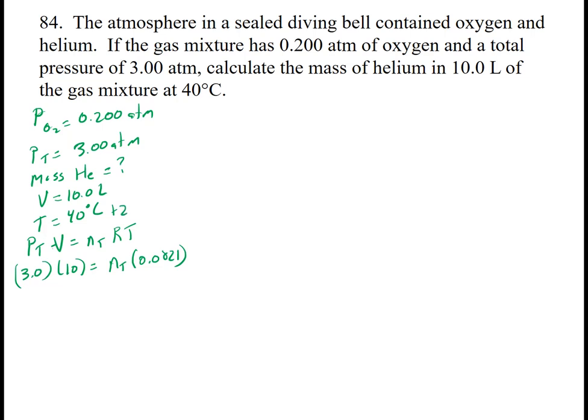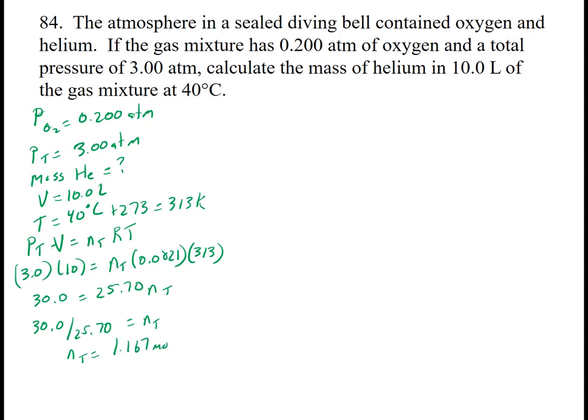Temperature has to be plus 273 to give me 313 K. So 3 times 10 gives me 30. When I multiply the right-hand side, I get 25.70 NT. So 30.0 divided by 25.70 gives me NT. NT is 1.167 moles total. I would need to do the same thing for the oxygen.